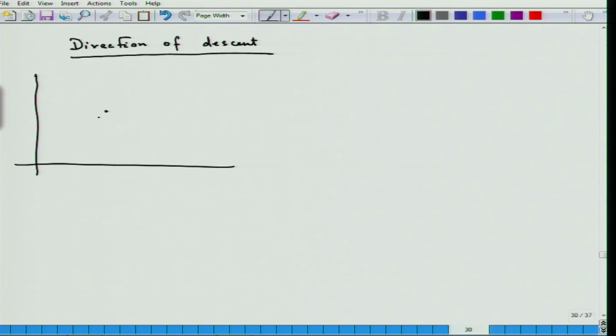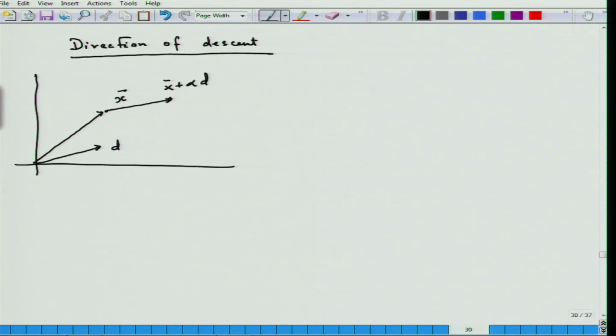So, if this is my x bar, and I am moving in a given direction, say d, I will move parallel to this vector from x bar in the given direction d, and I come here and stop. I have moved to x bar plus some alpha d.